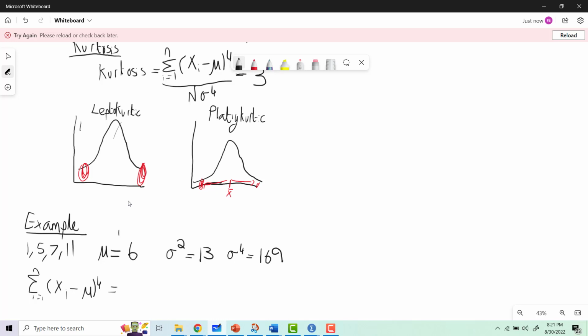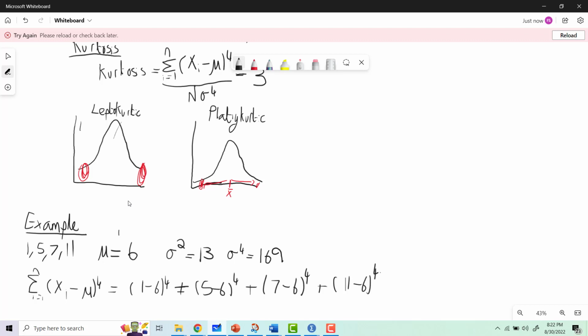So the first one is 1 minus 6 to the 4, plus 5 minus 6 to the 4, plus 7 minus 6 to the 4, plus 11 minus 6 to the 4.